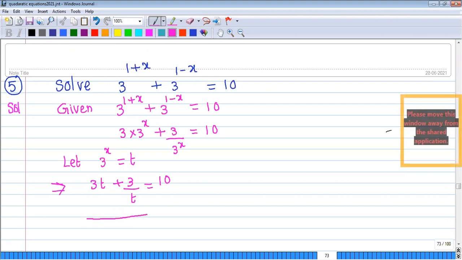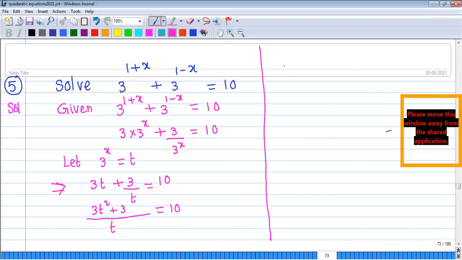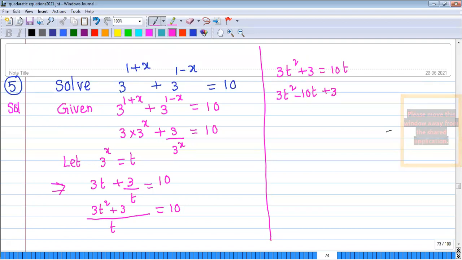Take LCM t. 3t square plus 3 upon t equal to 10. Now cross multiplication, we get 3t square plus 3 is equal to 10t. Bring 10t this side: 3t square minus 10t plus 3 is equal to 0.